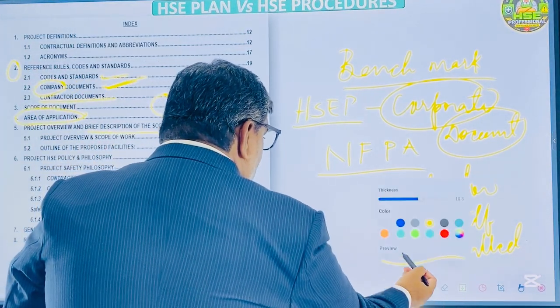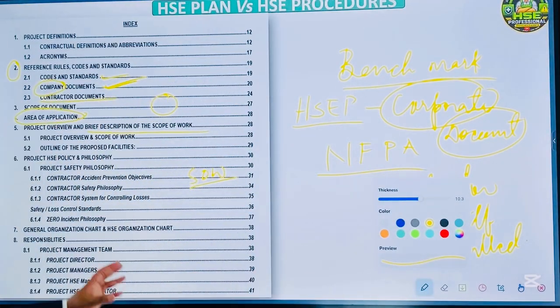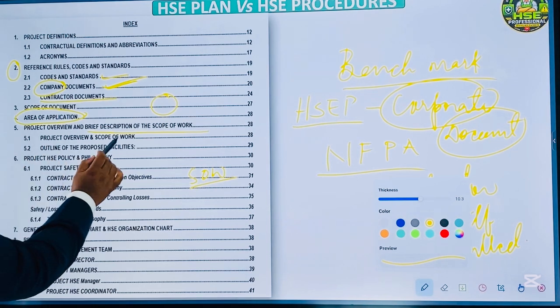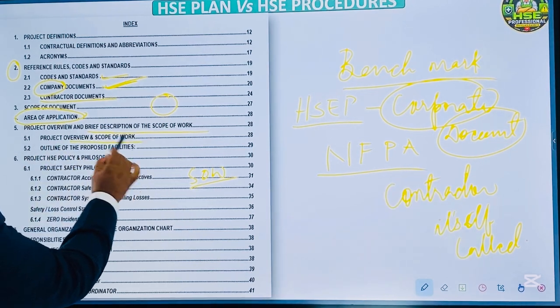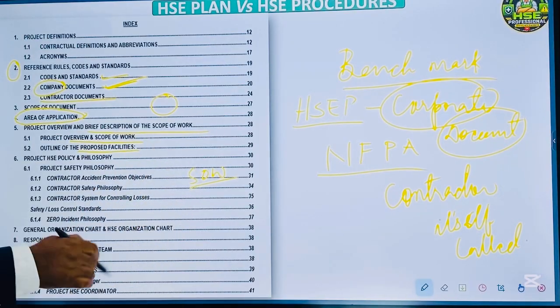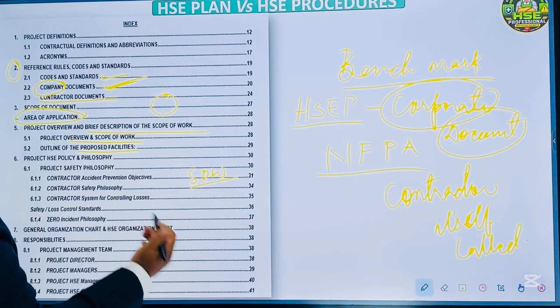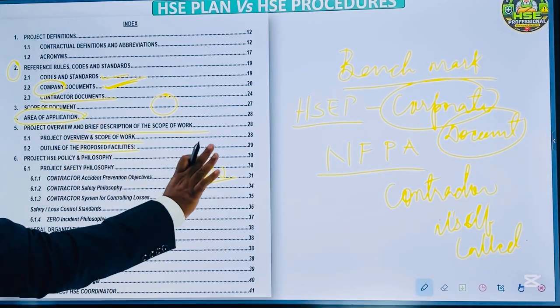If you don't know the scope of work, it is difficult for you to move forward. So the scope of work is mandatory. Then we go to project overview, scope, then outline the proposed facility, or where we are going to work, what facilities are there, plant, live area, greenfield, brownfield. Okay, all should be there.